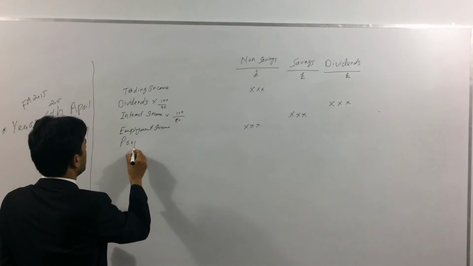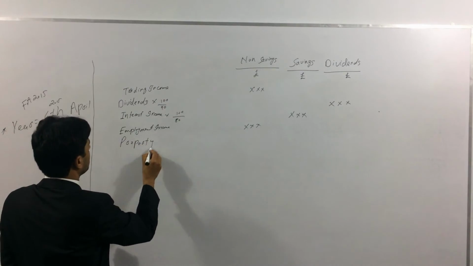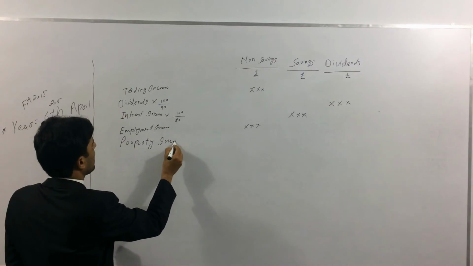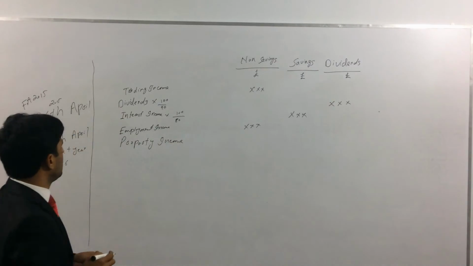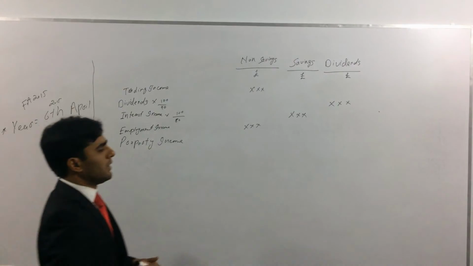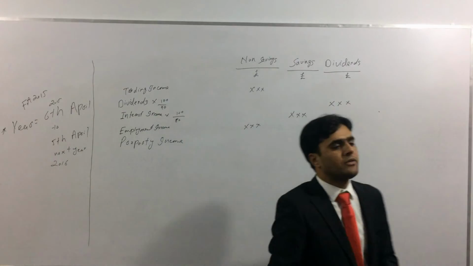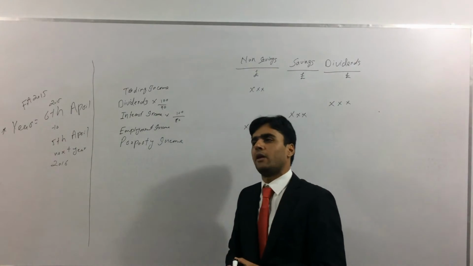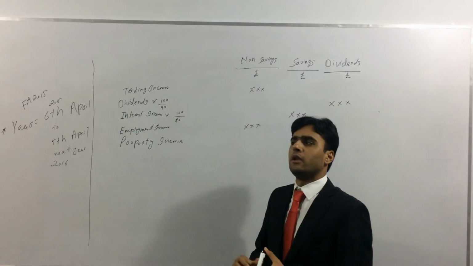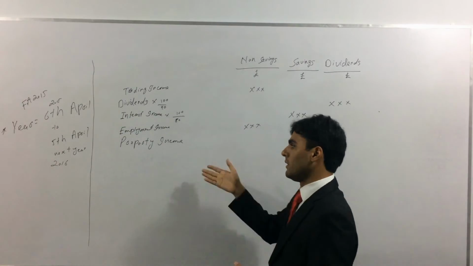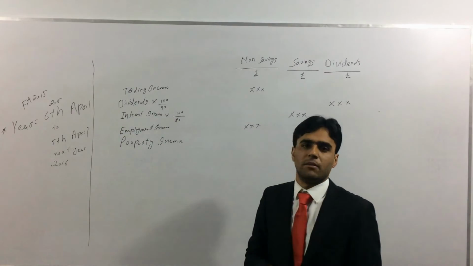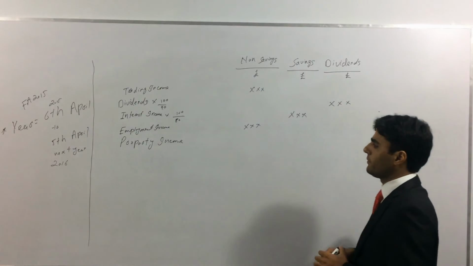Another source which I can earn income from is called property income. The property income is income which, say for example, if I have an extra house and I let it out to someone else, then I am being paid in the shape of rent. That is called property income. I will have to pay tax on that as well, right?